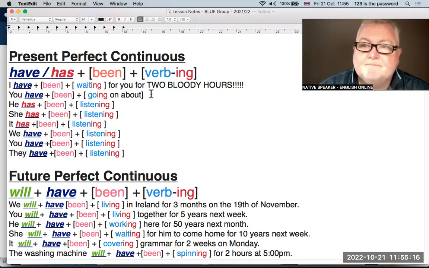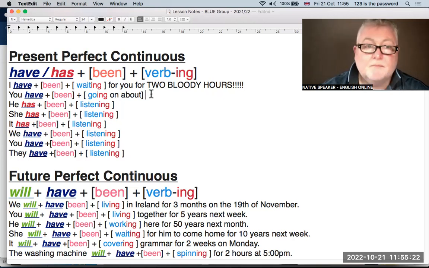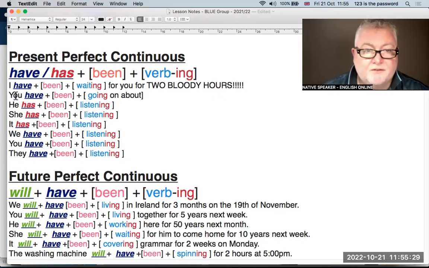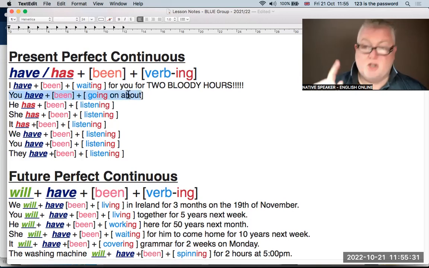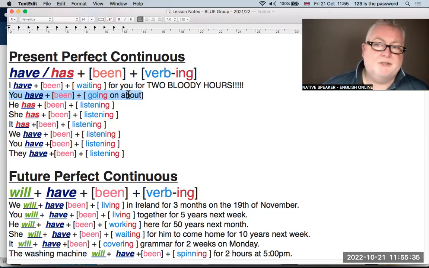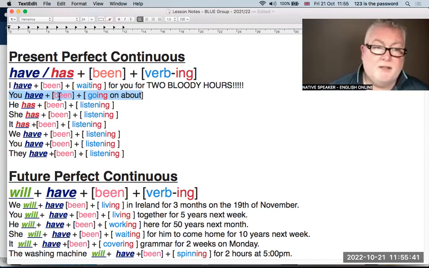What would you say there? I have been listening to you for. Well, look at this one here. I've given you the sentence already. When somebody talks too much about something, we say go on about. Look at the example there. It's already waiting for you.